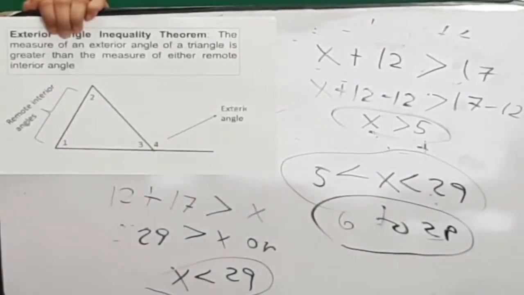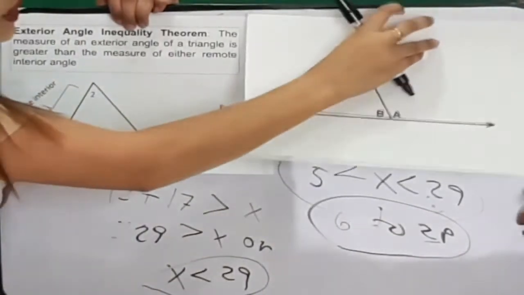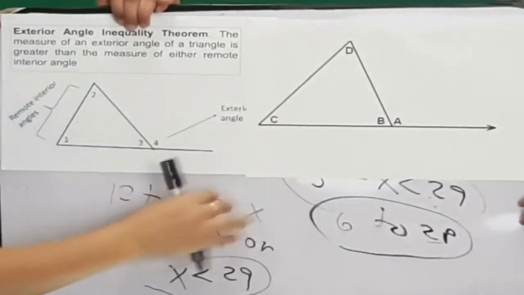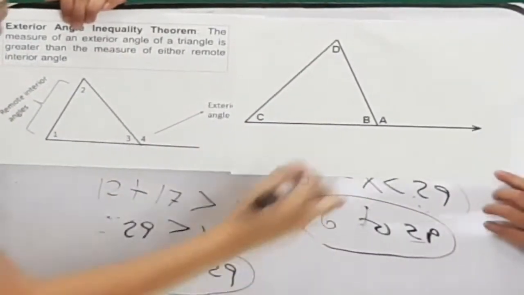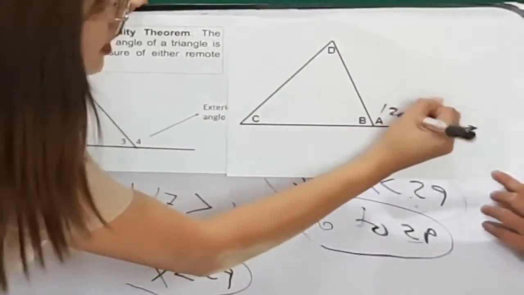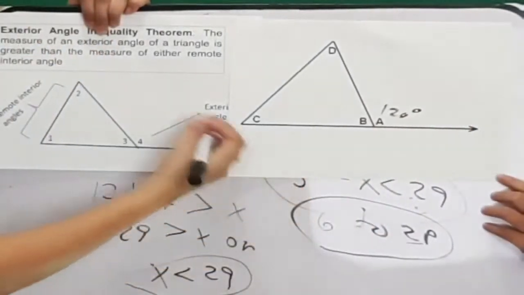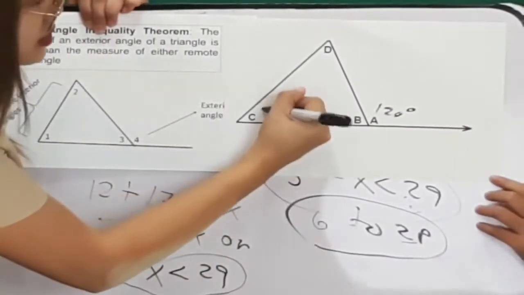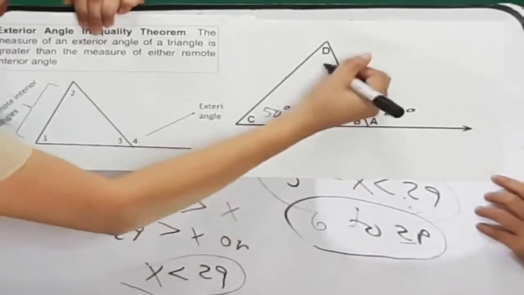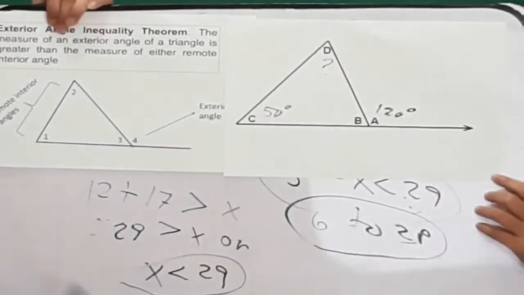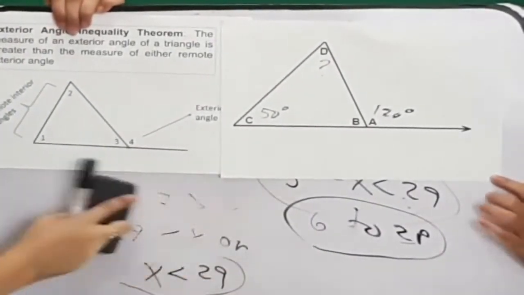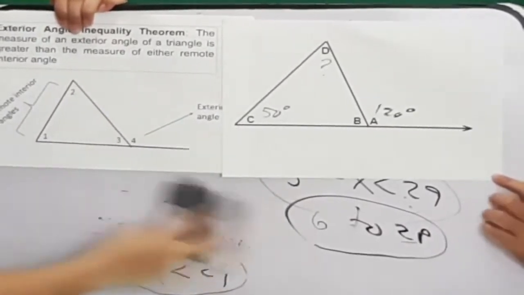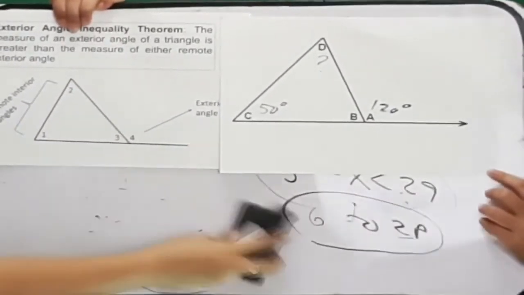Now, let us have an example. Let us apply this theorem in solving this problem. Suppose, class, the measure of angle A here is 120 degrees, and the measure of angle C here is 50 degrees. What do you think is the measure of angle D? In this case, we can apply the exterior angle inequality theorem.